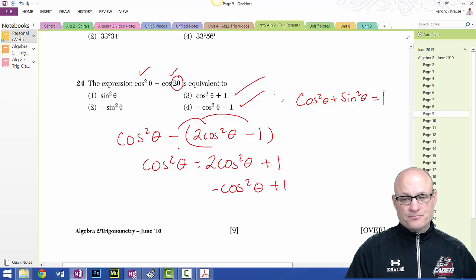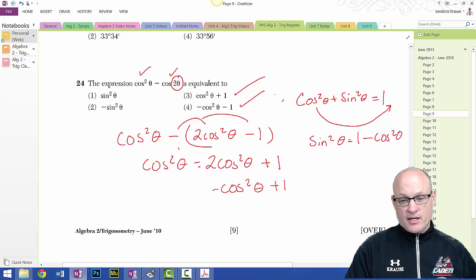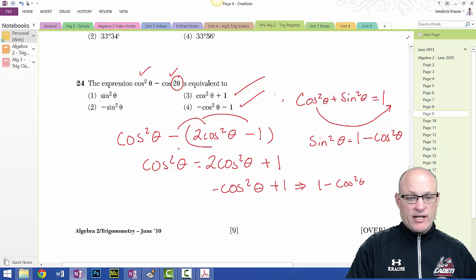And if I bring this over here, isn't this sine squared theta equals 1 minus cosine squared theta? And can't this be written as 1 minus cosine squared theta? It can, and it is. And so the answer is sine squared theta, choice 1.